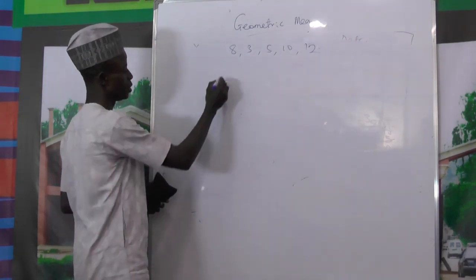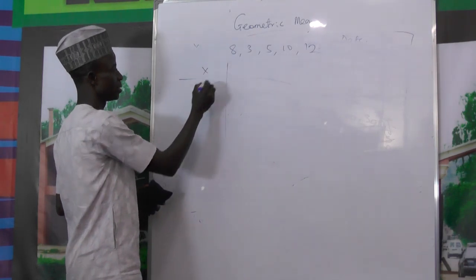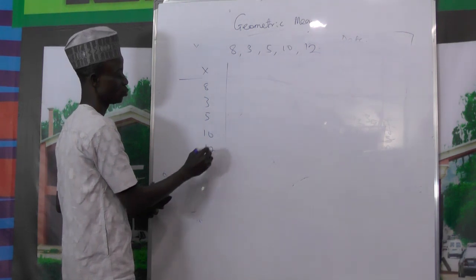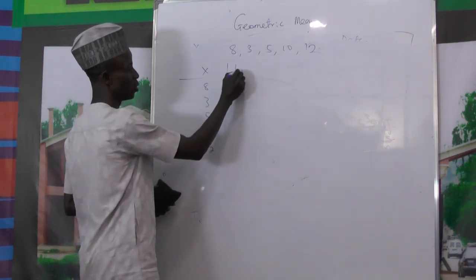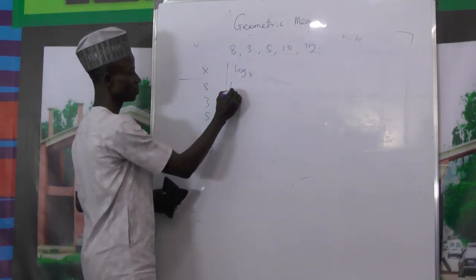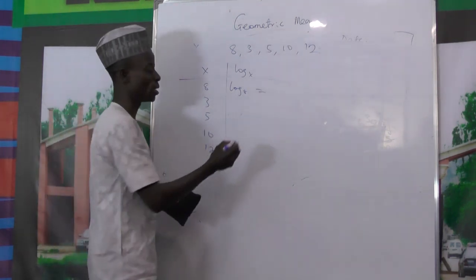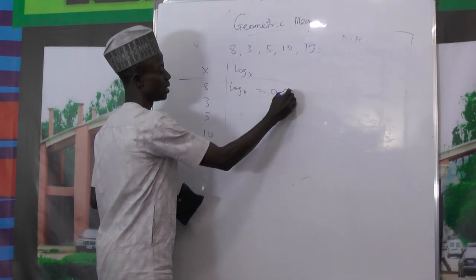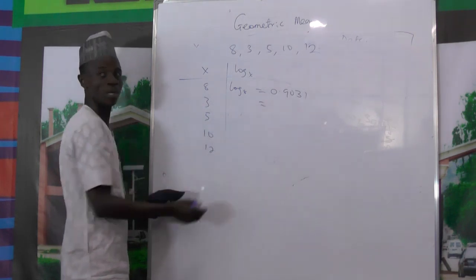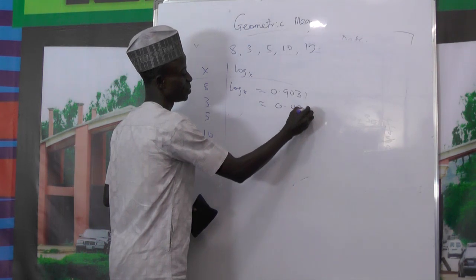So what you just do is that you have a table. So this is our x: 8, 3, 5, 10, 12. So you take the log of it, log of your x. So the log of 8 will give us 0.9031. So if we take the log of 3, it will give us 0.4771.